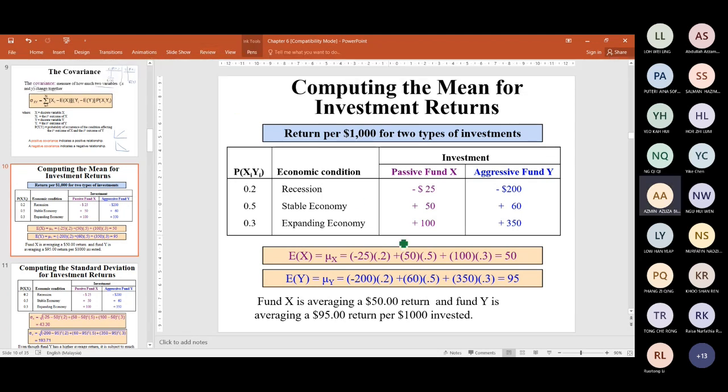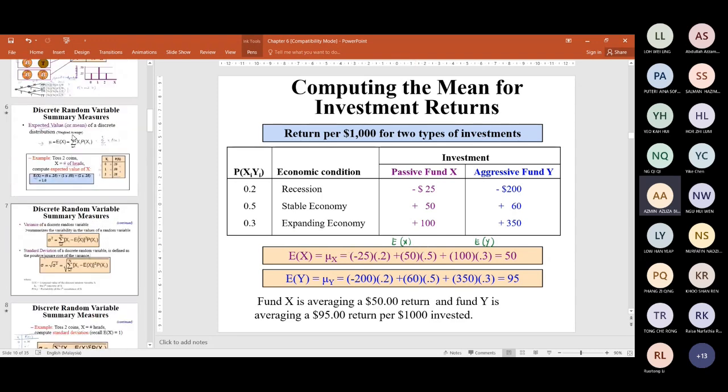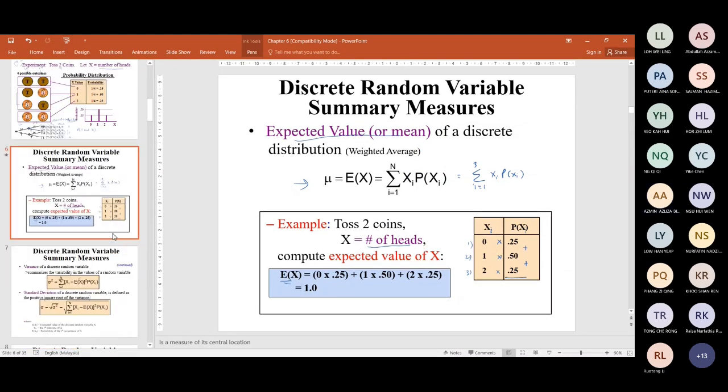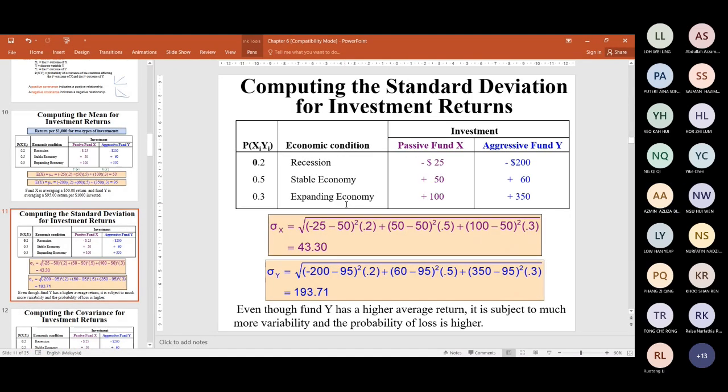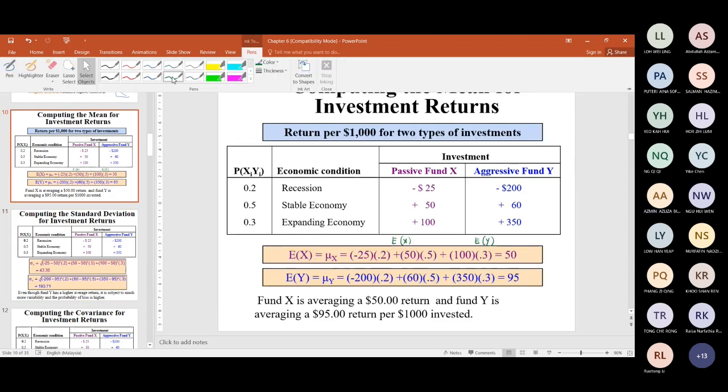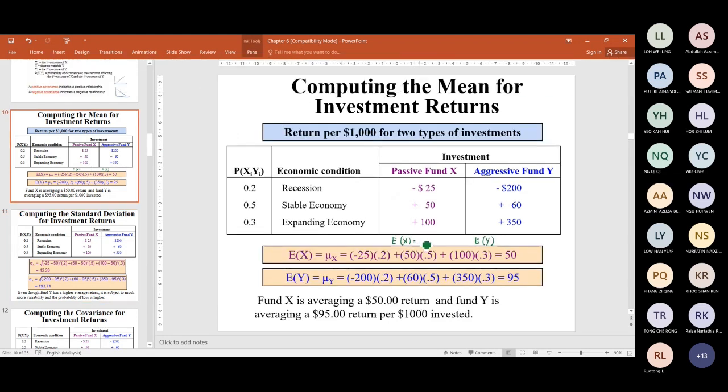From this, of course, you can find the expected value for X, and you can also find the expected value for Y, using the formula that you've seen earlier. So what is the formula just now? For the expected value, we have summation xi P(xi).